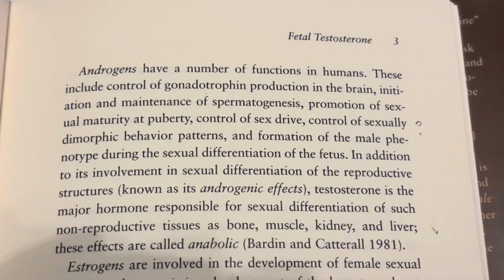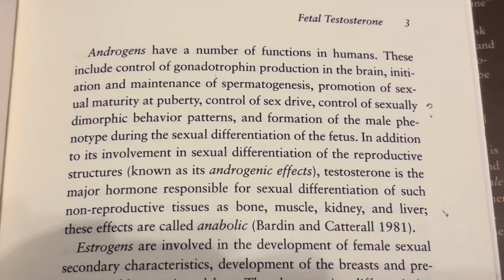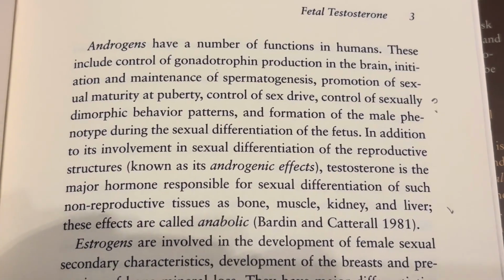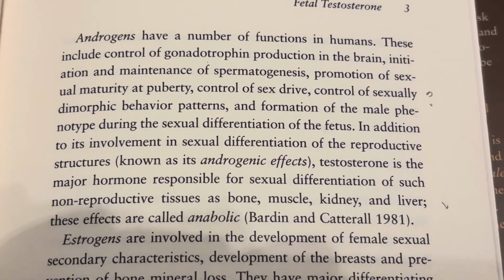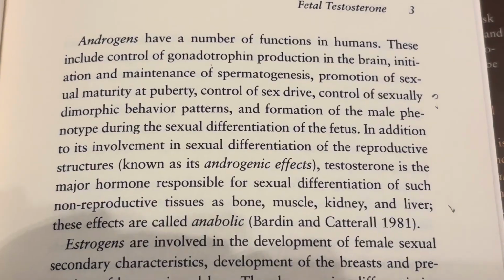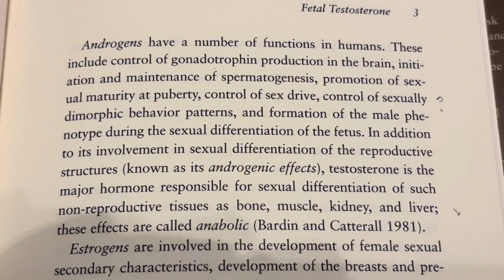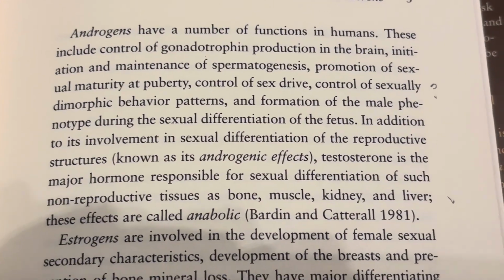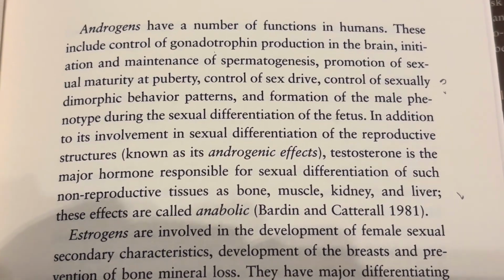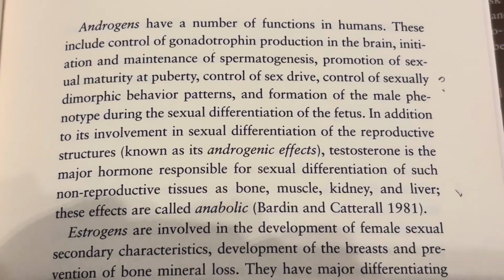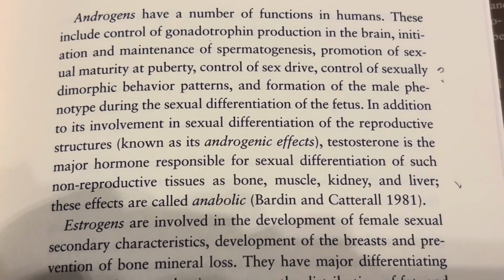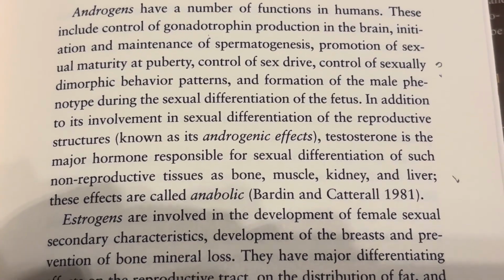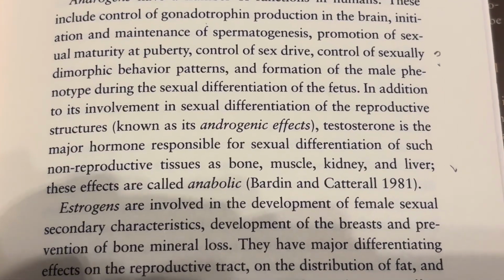Androgens have a number of functions in humans. These include control of gonadotrophin production in the brain, initiation and maintenance of spermatogenesis, promotion of sexual maturity at puberty, control of sex drive, control of sexually dimorphic behavior patterns, and formation of the male phenotype during the sexual differentiation of the fetus.